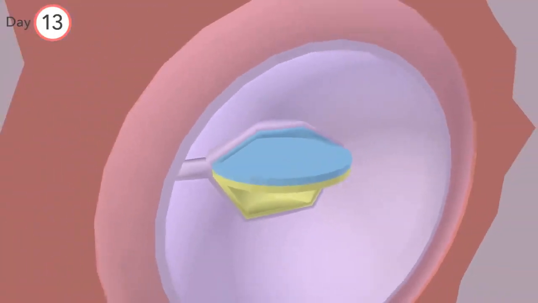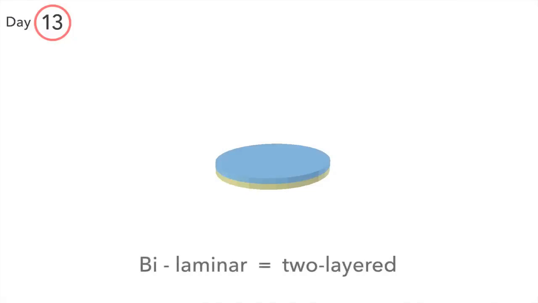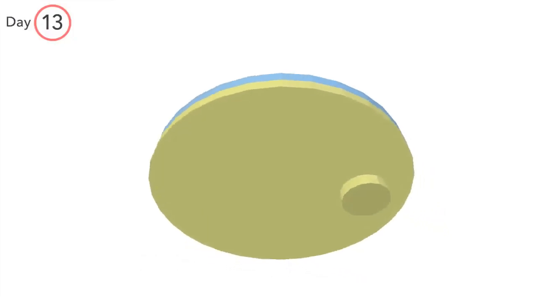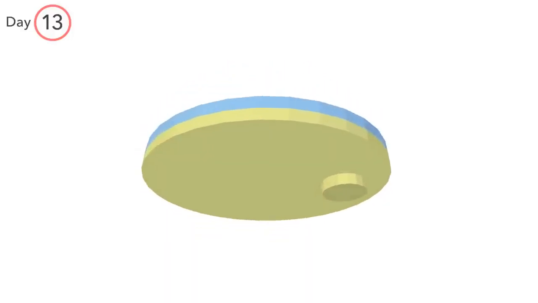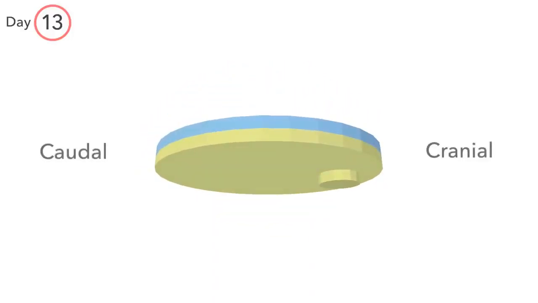We'll remove the outer elements in order to take a closer look at the bilaminar disc. At the cranial end of the hypoblast lies the prochordal plate, an area in which columnar cells are present. It serves as a marker of the embryo's cranial aspect.